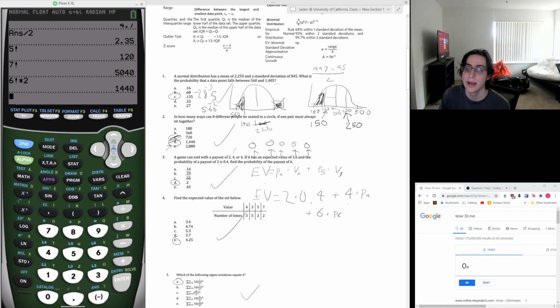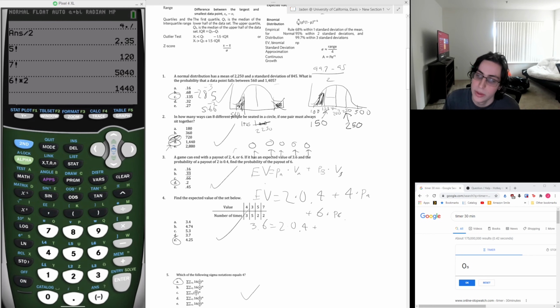We also know the expected value is 3.6, what you're expected to earn on average. So we have 3.6 equals 2 times 0.4 plus 4 times the probability of 4 plus 6 times the probability of 6.